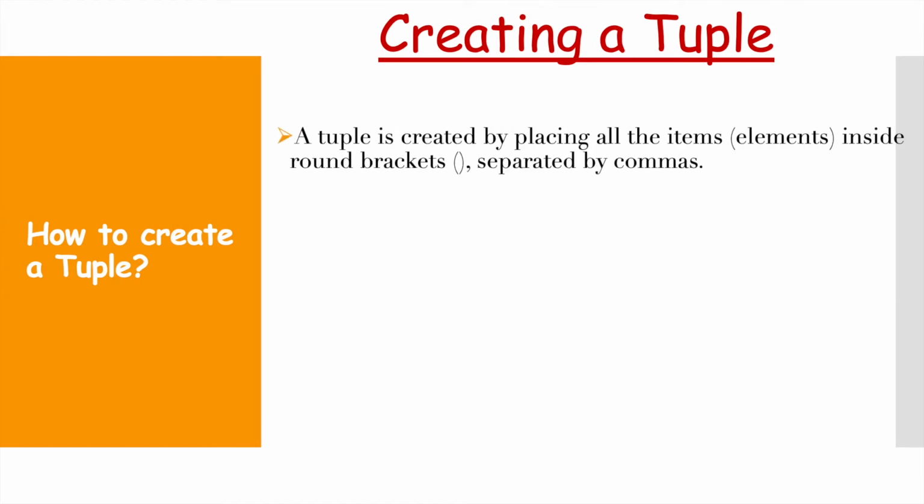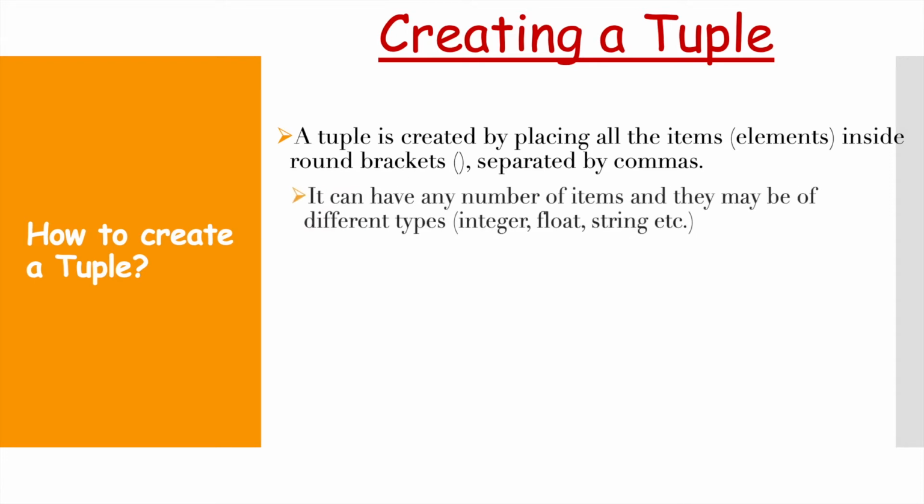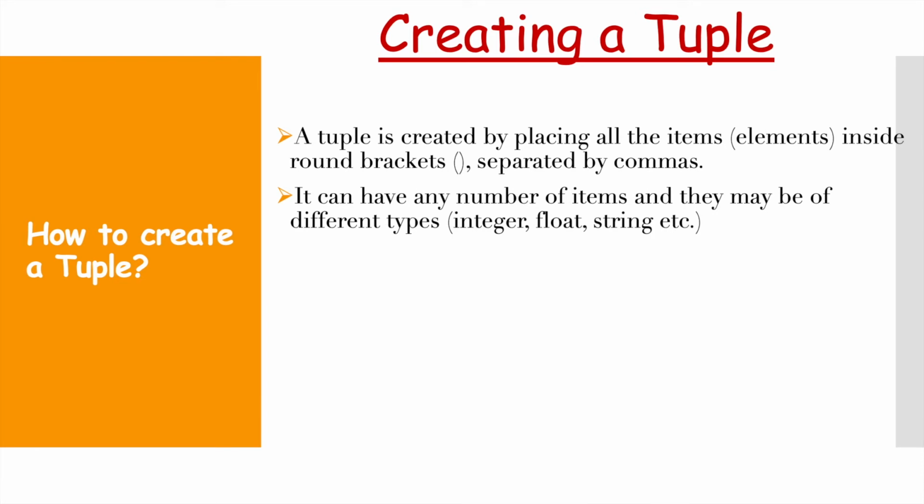Now let's see how to create a tuple. A tuple is created by placing all the items or elements inside the rounded brackets, separated by commas. It can have multiple items and they can be of different data types like strings, integers, floats, etc. Let's see how to create an empty tuple. You specify the tuple name and simply provide the rounded brackets with no items in it.